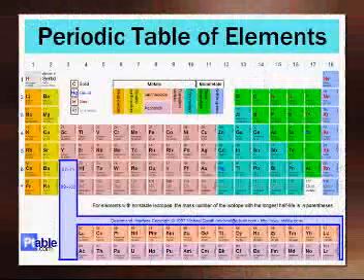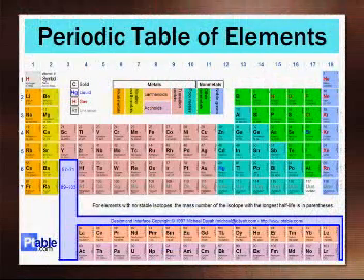Let us move on with our lesson and discuss the general trends of electron affinity in regards to periods. There is a variation in electron affinity of elements in the same period. This is due to the changes in nuclear charge and the atomic size of the elements.